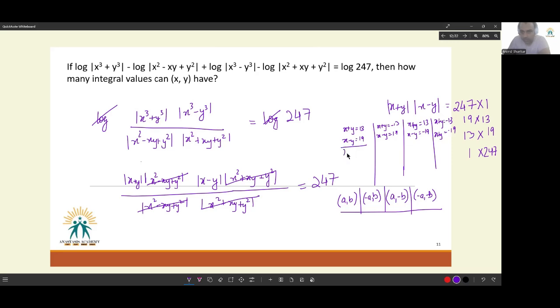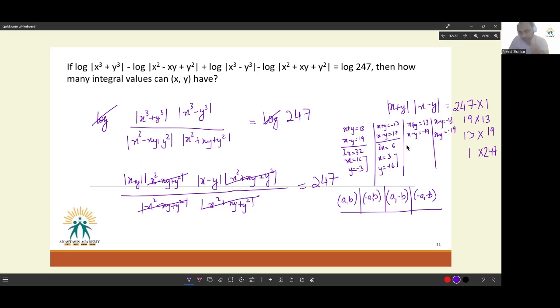Here we will get 2x is equal to 32. So x is 16 and y is minus 3. One solution set is obtained from here. Next, 2x is equal to 6. So x is equal to 3, y is equal to minus 16.